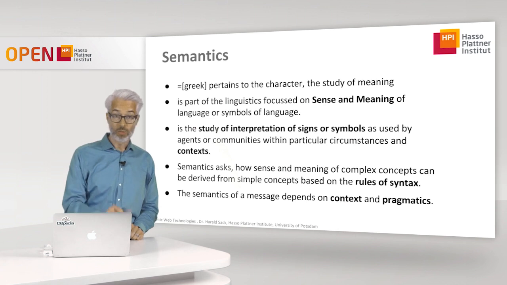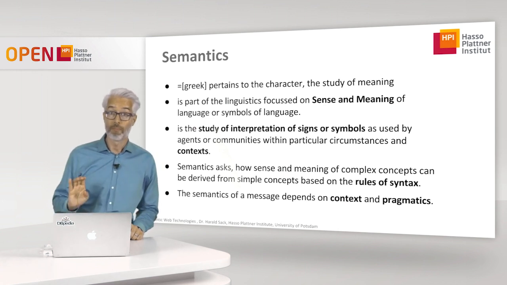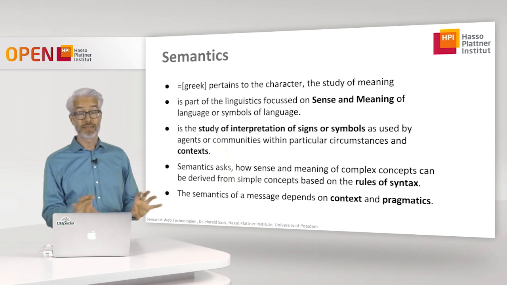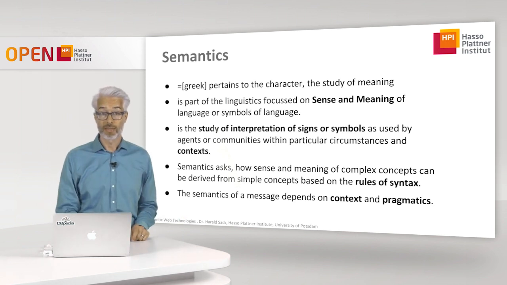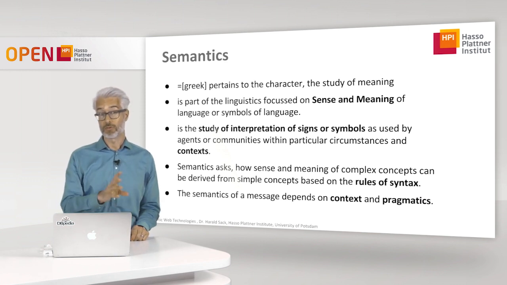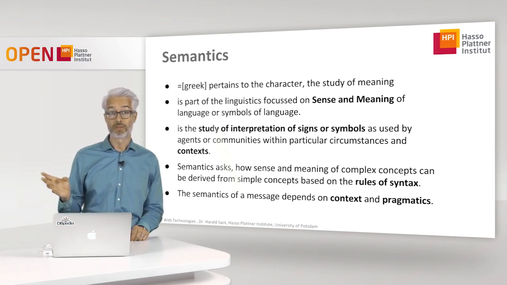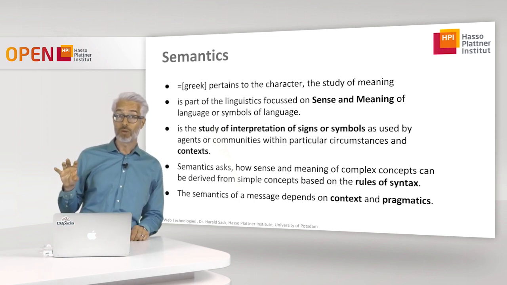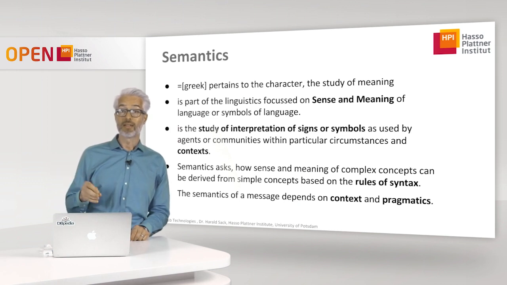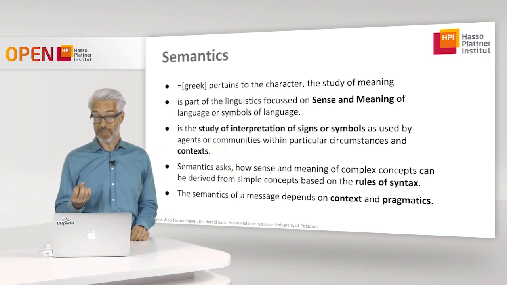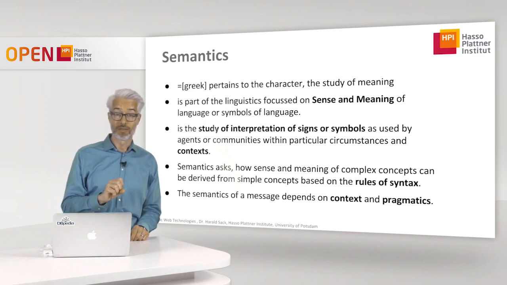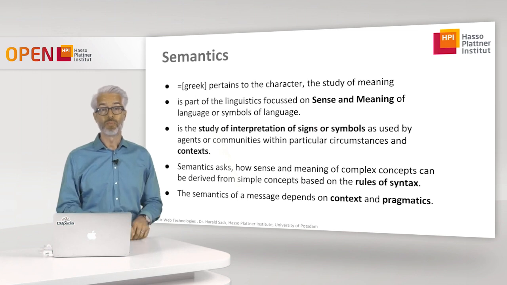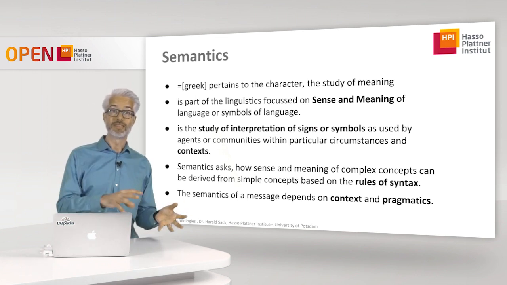Okay, so we now have syntax, the most common basic building block, how well-formed sentences within a language are formulated, and we have semantics with a set of rules that also stem from syntactics or from syntax. And these rules tell you how you convey meaning and sense of complex concepts based on the sense of more simple concepts. So you try to break down this problem on a simpler problem.